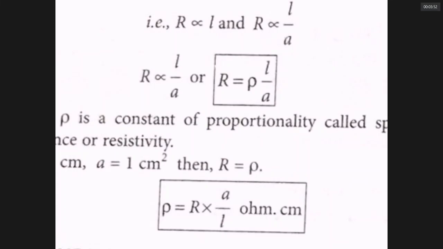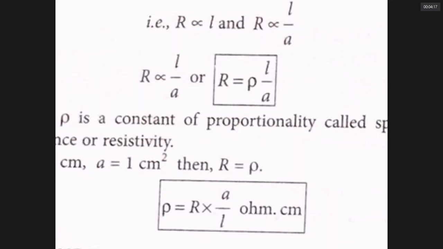What are the units of rho? Units of R into A by L. R is ohms, A is centimeter square, and L is centimeter. So the unit of rho appears to be ohm centimeter. And the reciprocal of rho, 1 by rho, is called conductance or specific conductance.